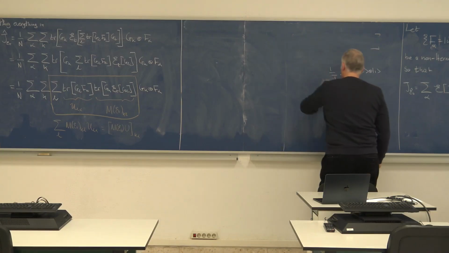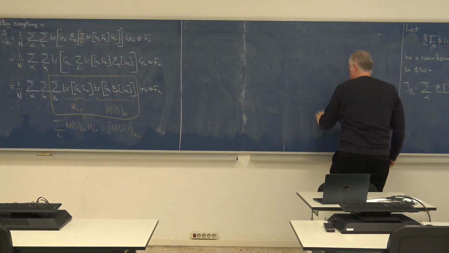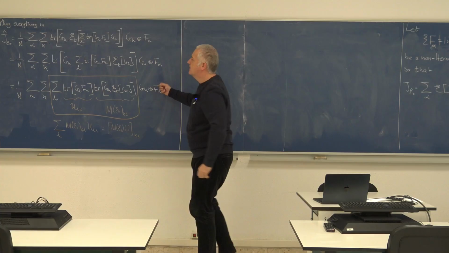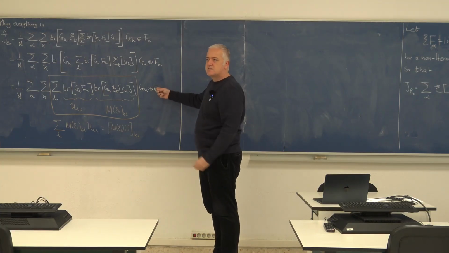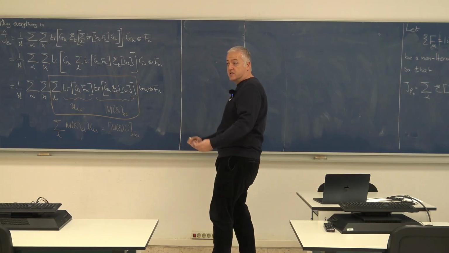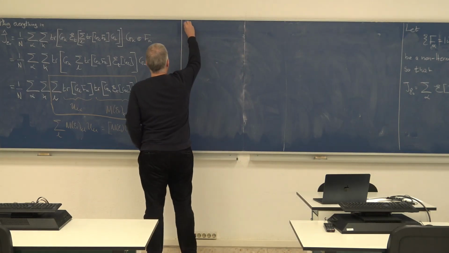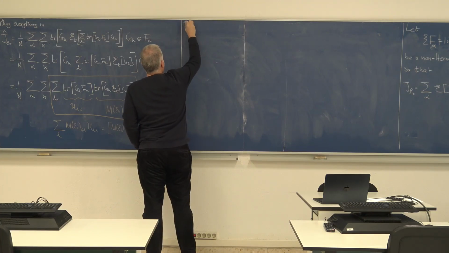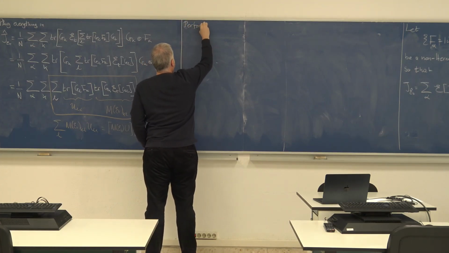And now we are essentially done, right? Because as soon as you have this in this form, the next step is you diagonalize this operator, since the Choi-Jamiołkowski operator is positive semi-definite, right? So you perform the spectral decomposition.